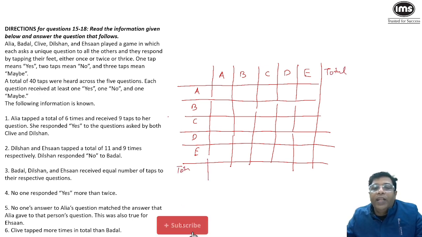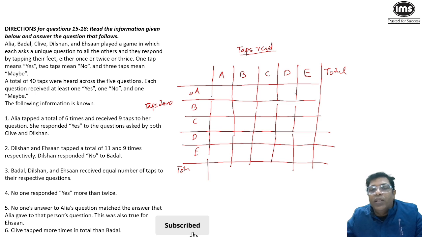Now what does this indicate? This means taps received, and this means taps done. For example, when A answers the questions of B, C, D, E, how many times A tapped will come row-wise. Column-wise, for A's question, what kind of response A received from B, C, D, E will be represented.